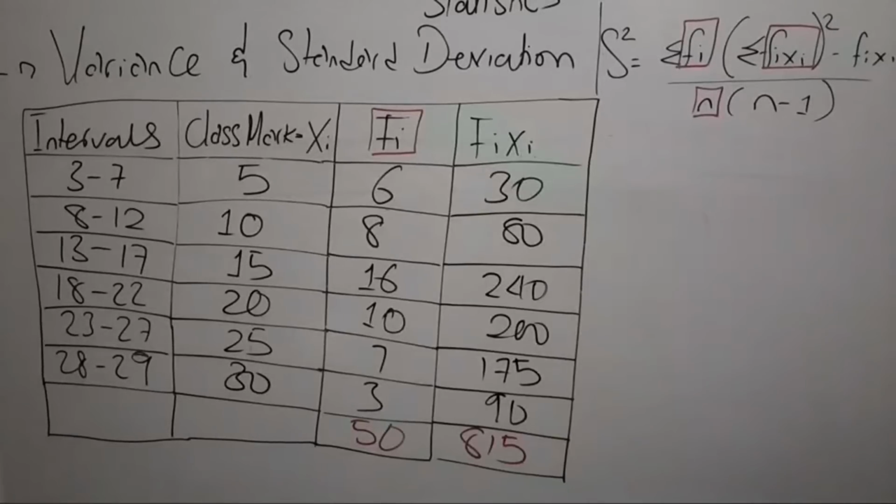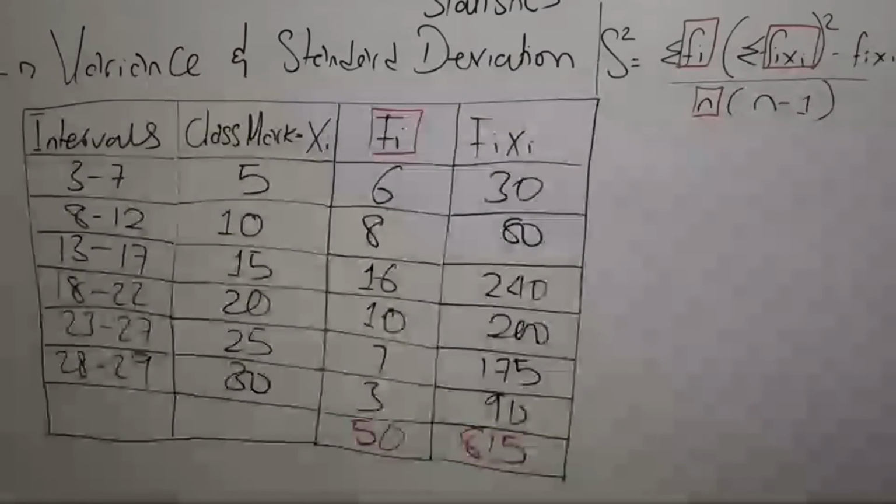Mrs. Regina, are you with us? 28 plus 29 gives us 57. 57 divided by 2, that's 28.5.